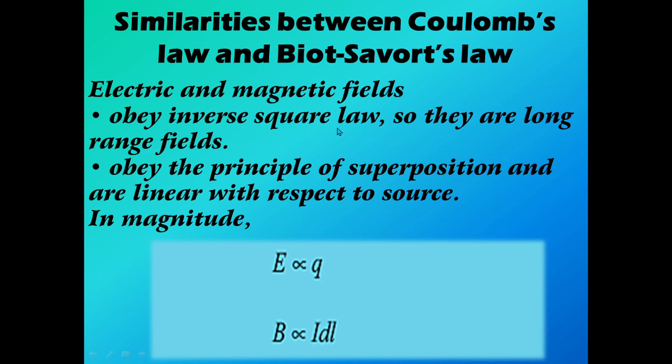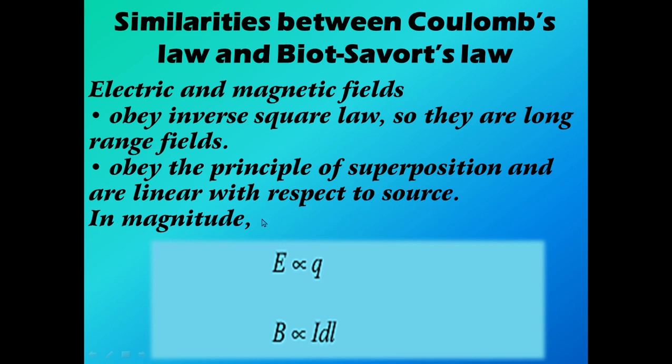Note it down, this point is very useful for your objective type questions. The second point: they obey the principle of superposition and are linear with respect to source. Note this point also.